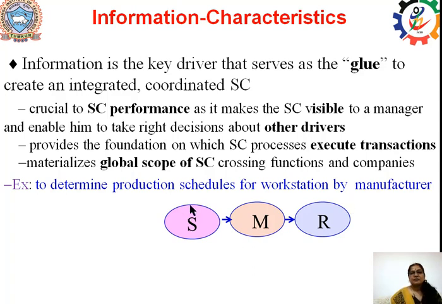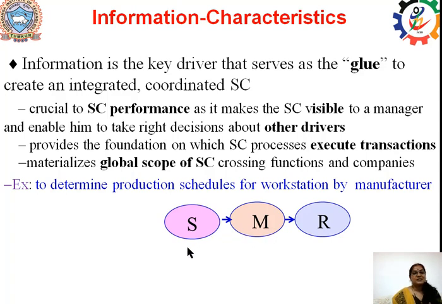Now supposing the manufacturer wants to plan his production schedule, he should not only worry about his inventory, he should also take into consideration the inventory already present with the retailer, left out, not sold, how much is there. That is one important piece of information for him.